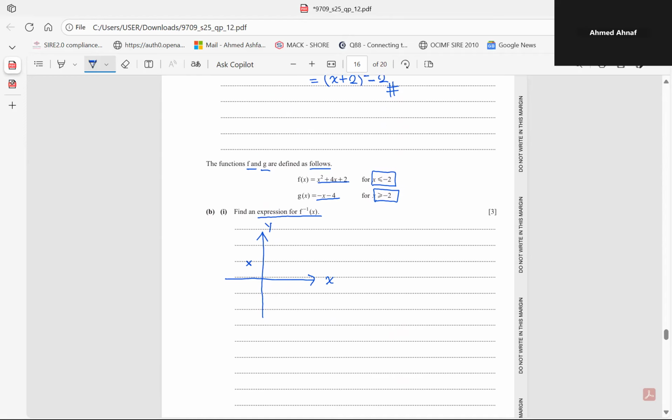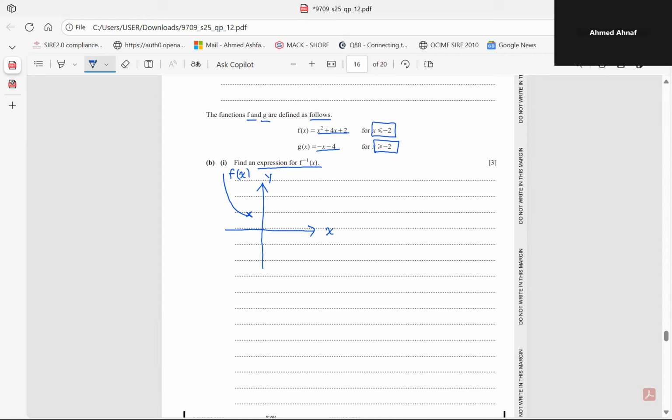So it's somewhere here, and then for x less than -2, it would go something like this. So this is what f(x) looks like.